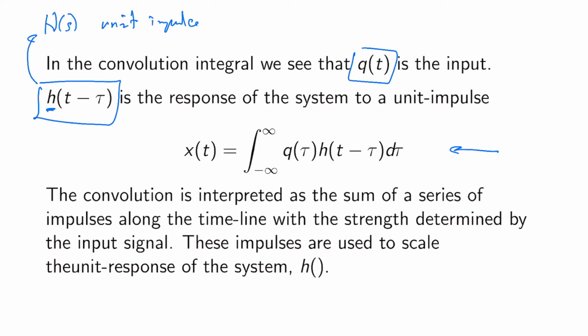So all I'm doing here is I'm taking the unit impulse and multiplying it by, for a given time tau, the response at tau if I applied an impulse of strength Q. That's basically what's happening here, all right?